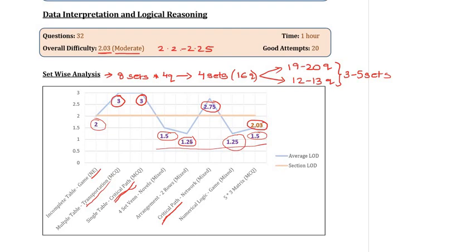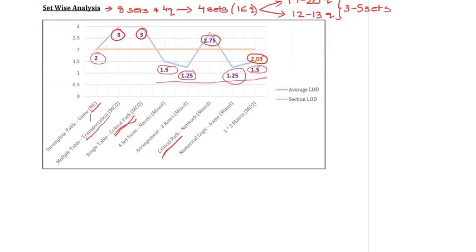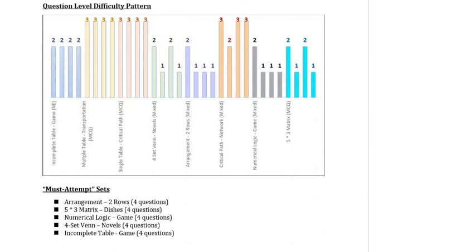Let's have a look at the difficulty level of each question, just as we saw in the verbal ability section. So as we saw in verbal ability, this is the difficulty level of each question from question 35 to question 66. As we can see, both the critical path sets were on the tougher side.